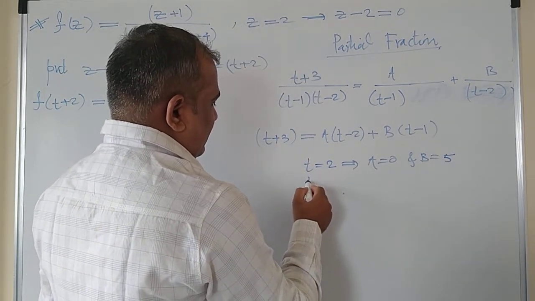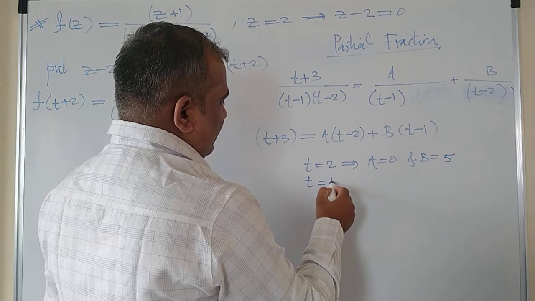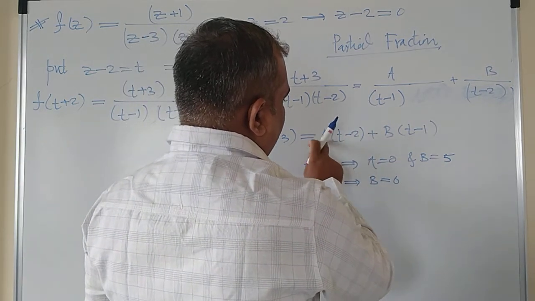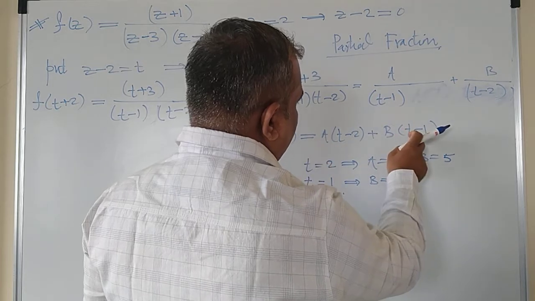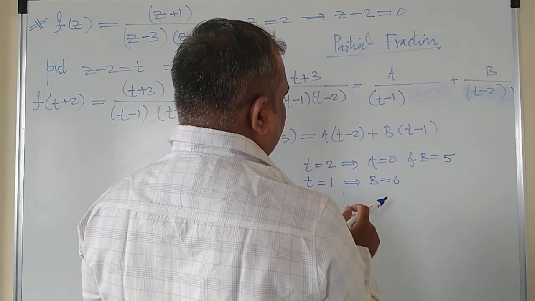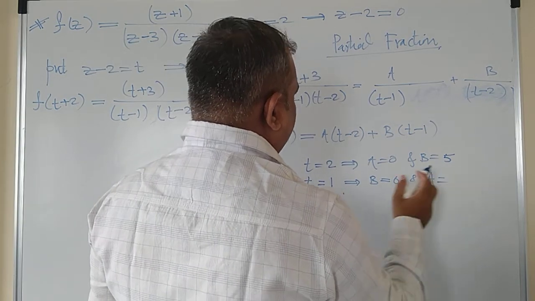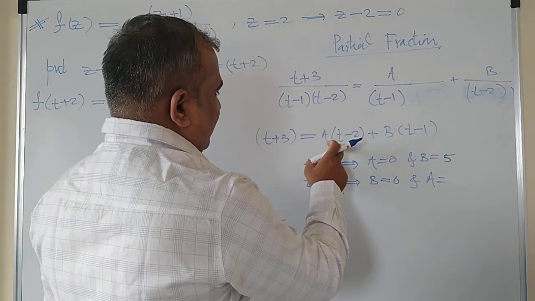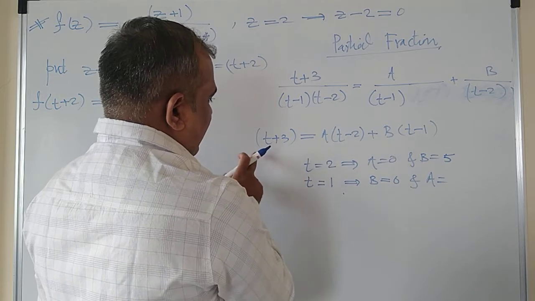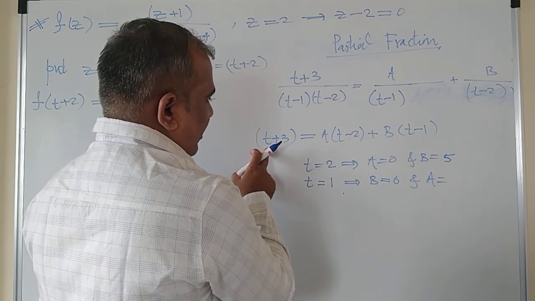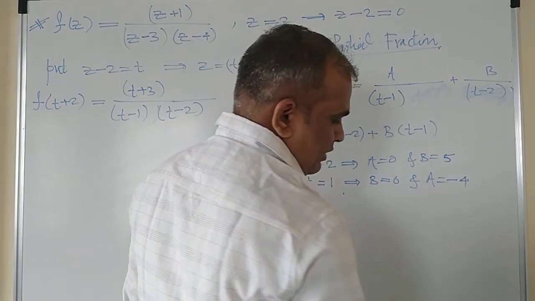Similarly, for t is equal to 1, your B becomes 0. Make B first, A first 0, and then in another case B is equal to 0, and your A will become, so t minus 2 is minus 1, and here 4, right? So A will be minus 4, isn't it?